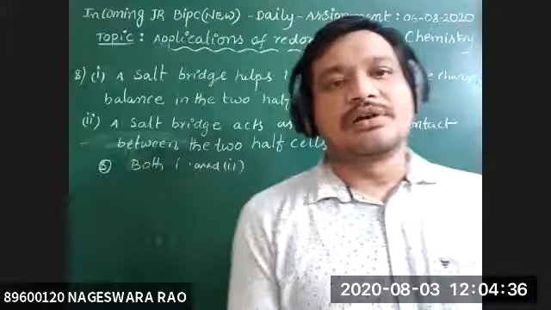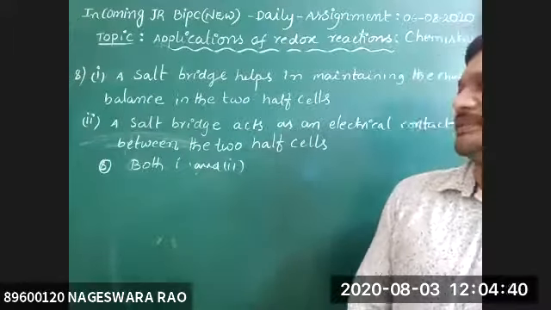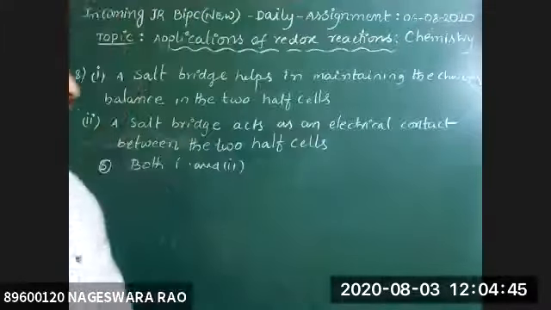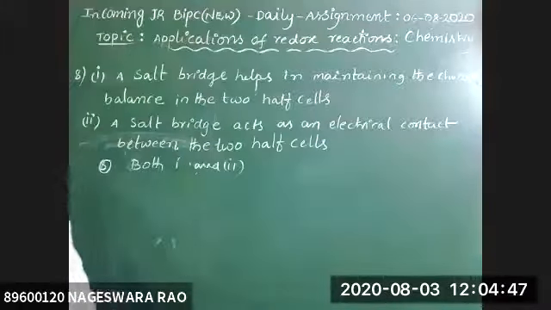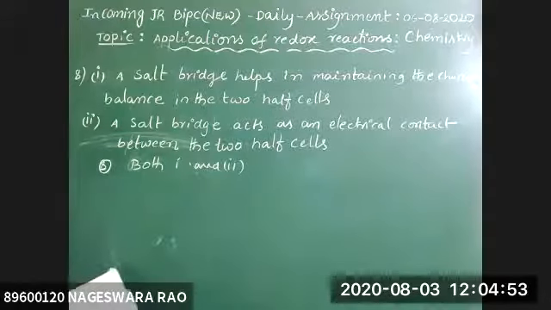A salt bridge helps in maintaining the charge balance between two half cells. And another point, the salt bridge acts as an electrical contact between two half cells. Next, question number 9.